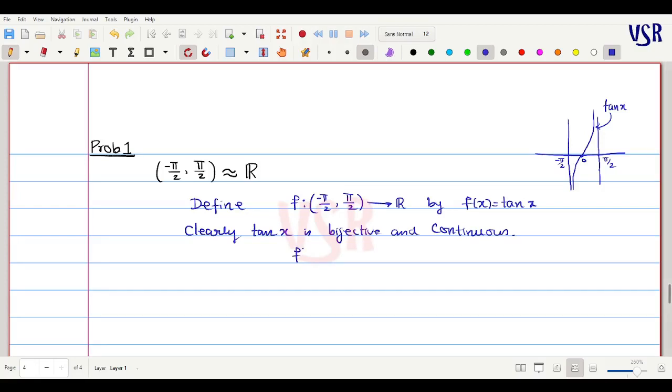F inverse is a function from R to minus pi by 2 comma plus pi by 2, defined by f inverse of x equal to tan inverse of x. So both functions are bijective and bicontinuous. This implies that tan inverse of x is also continuous.